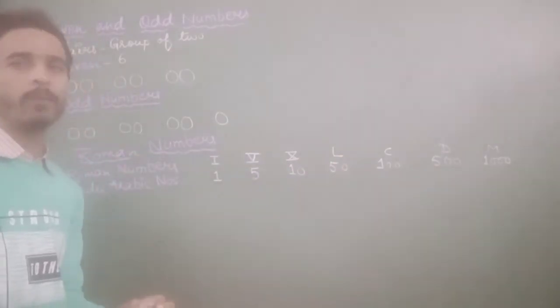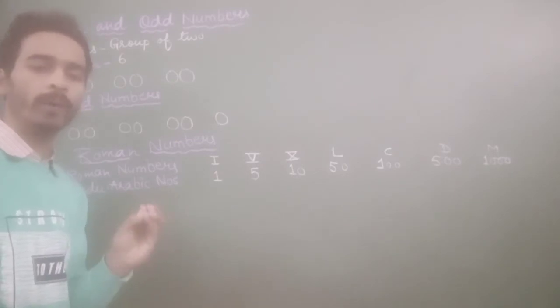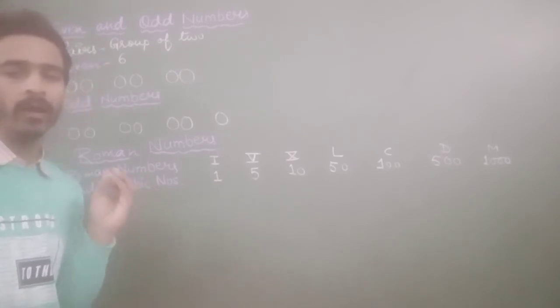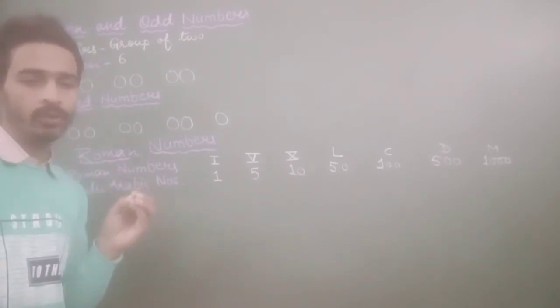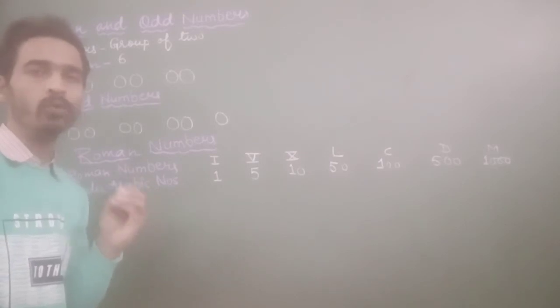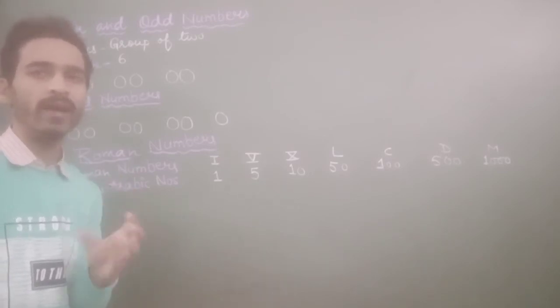Now we will discuss how we can write numbers from 1 to 39 in Roman numbers. There are some rules and you have to listen carefully. You know that you use the digits 0, 1, 2, 3, 4, 5, 6, 7, 8 and 9 to write numbers.